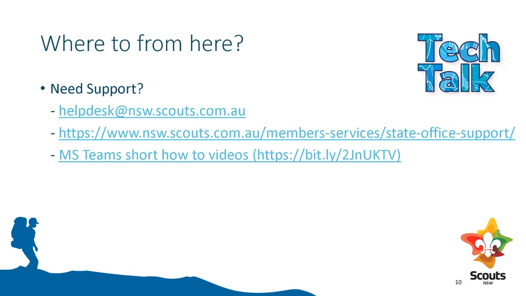I quite often, when I do a Teams live event here and I have to be the producer, will use my work email address and Teams app to be the producer, and then the Scouts email address and Teams app to be the presenter.